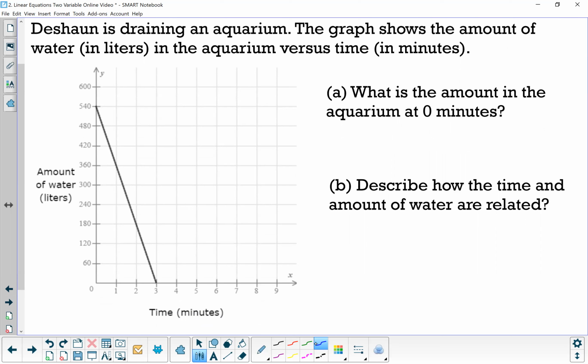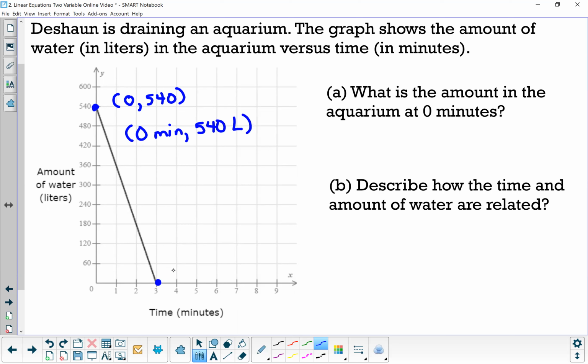Okay, so we think about our graph here again, time in minutes is on our x-axis, that's our input. Amount of water in liters is on our y-axis, that's our output. We have our y-intercept here at 0, 540, or if we use units, we have 0 minutes and 540 liters.